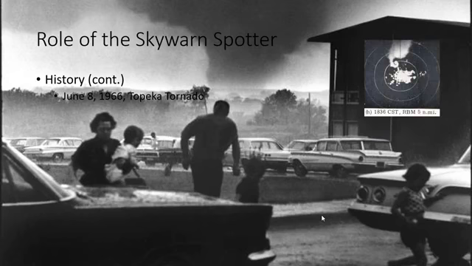It was the first time that radar was actually used to spot a tornado, and also with the help of Skywarn spotters as well, which did give more ample time for people to take cover.